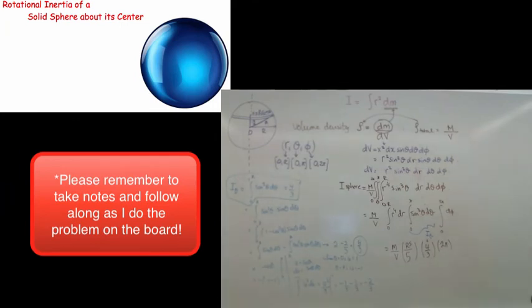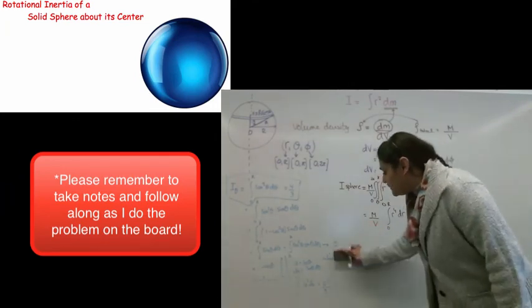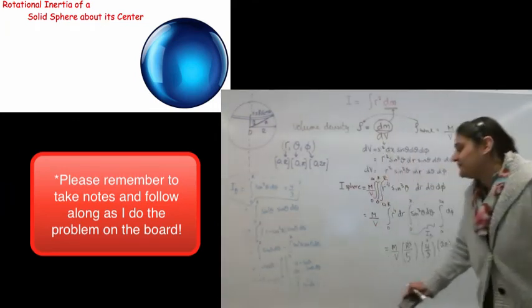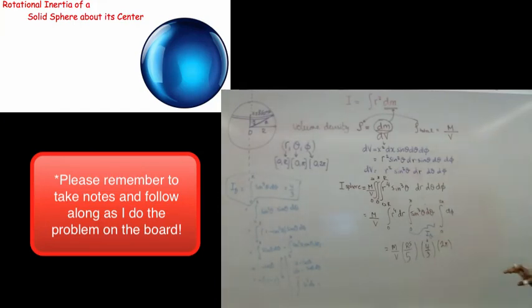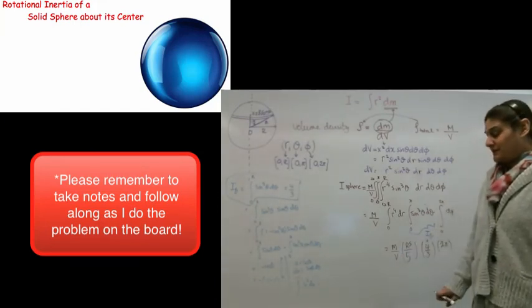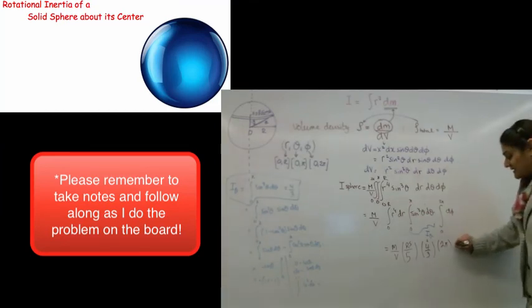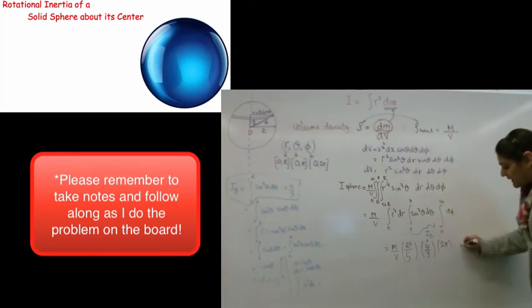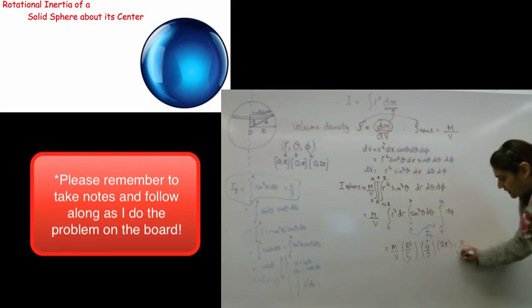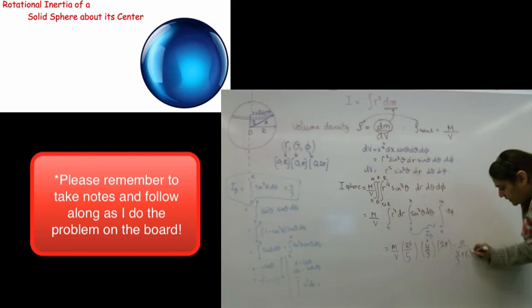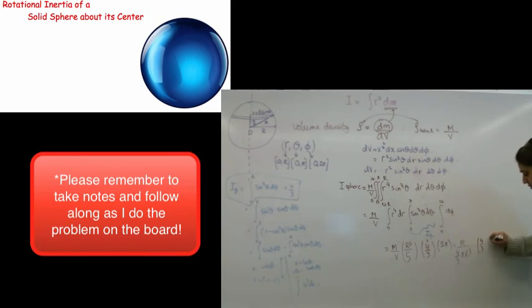Okay? So I'm just going to erase that one so that we don't get confused where one begins and one ends. Now, what is the volume of a sphere? The volume of a sphere is 4/3 pi r cubed. Excellent. So this means I can rewrite this as m over 4/3 pi r cubed, times 4/3 times 2 pi, right?